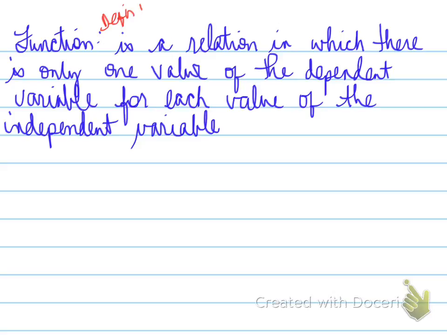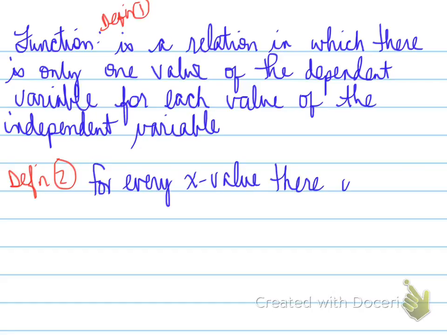So we'll just call this definition number 1. There's a second definition, which is a lot easier to remember, and it means the exact same thing as definition 1, but in a little more simpler language. And that is, for every x value, there is only one y value. So there can only be one y value for every x. All right? So that's definition number 2.